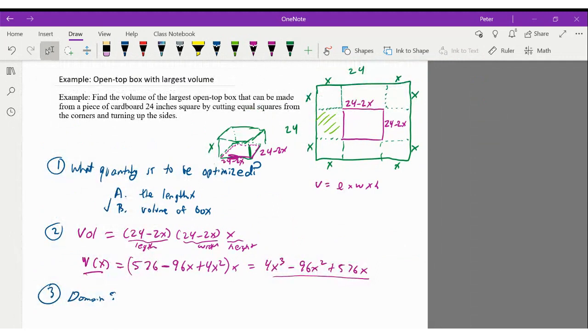So we can't choose x any smaller than 0. We could choose x as 0, but then we just get a flat box of no volume. We also can't choose x any larger than 12 because we're going to take 2 bytes of size x, and if we choose a number larger than 12, we eat up the entire box. So the domain is, in fact, 0 to 12. Good. Okay. So there's our domain.